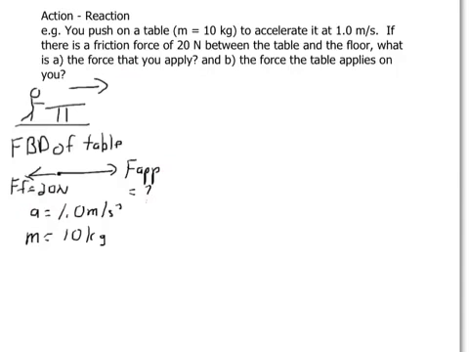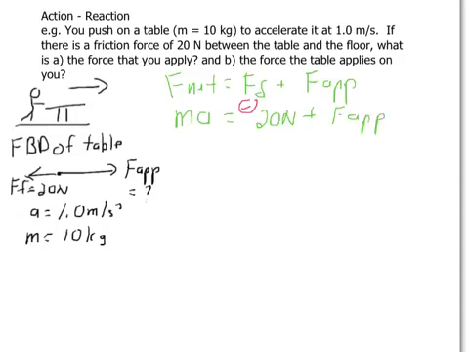We can see that in our net force equation, we will need to add the force of friction with the applied force. The net force we can always substitute with mass times acceleration. The force of friction, the information tells us, is 20 newtons, but it's acting towards the left, so this is negative 20 newtons. And we're trying to find our applied force, so there's nothing we can substitute for that. We can also move the 20 newtons over to the left-hand side.